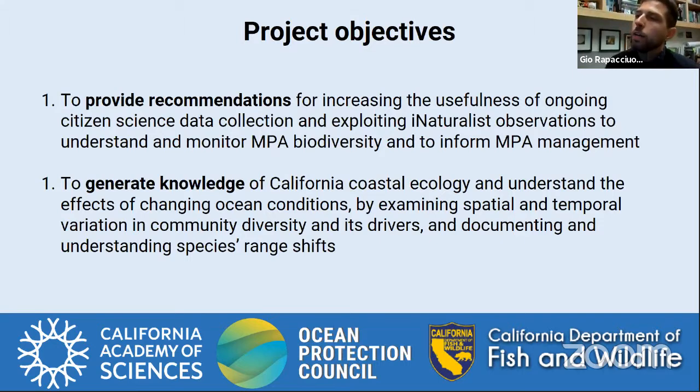And the second one is to actually use those approaches for extracting biological signals and generate new knowledge of California coastal ecology, and some of the things that are on our wish list and that have already been highlighted. And so, for example, the influence of changing ocean conditions and species range shifts and changes in population.